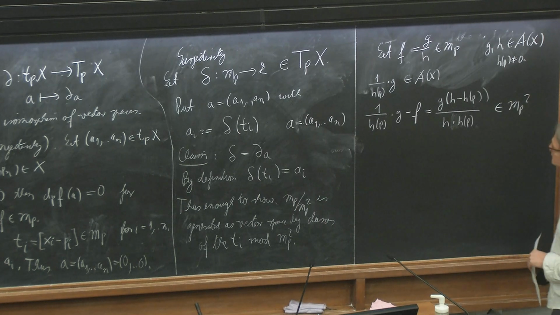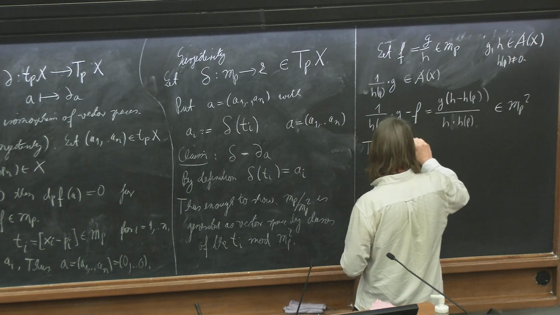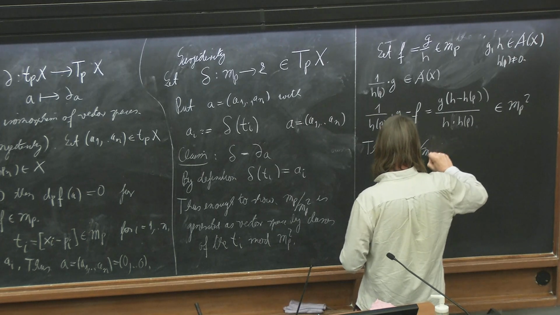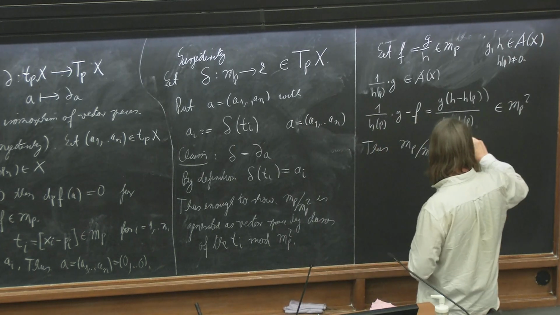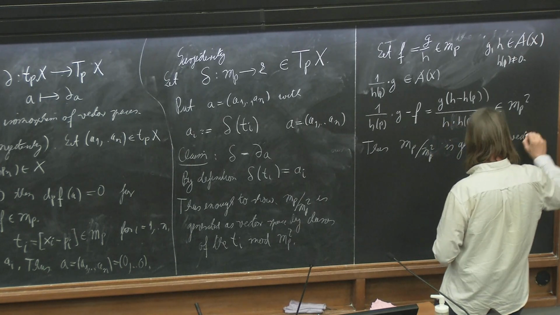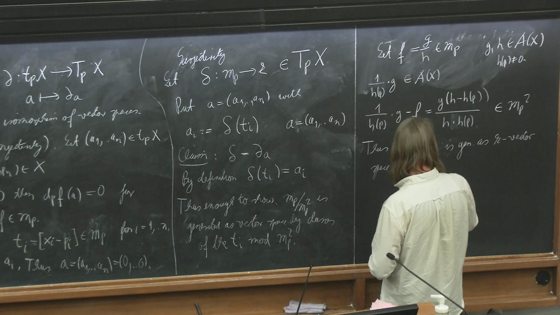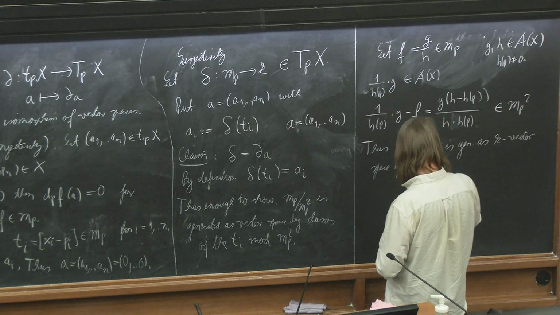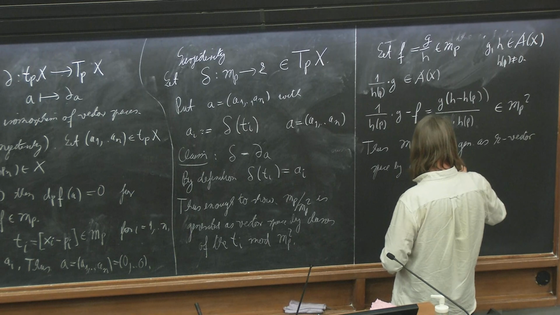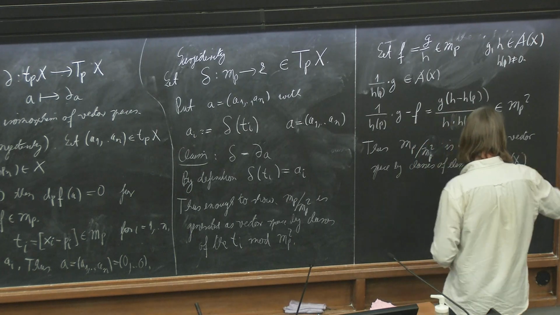So in particular, we can see that MP modulo MP squared is generated as a K vector space by classes of elements in AX. So classes modulo MP squared.